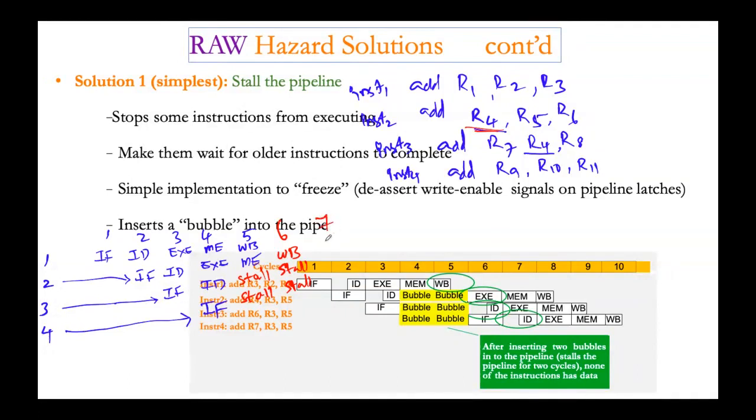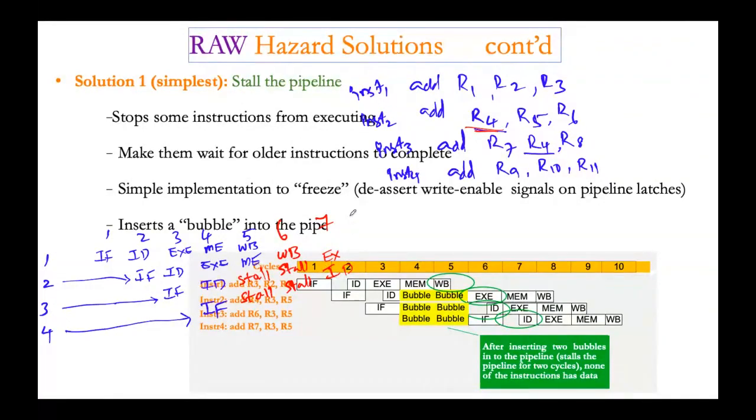So at the seventh cycle, in the sixth cycle the write back happens. So in the seventh cycle, your instruction 3 will get the data in the instruction decoding, and it will enter into your execution phase. So when the third instruction entered into execution, the fourth instruction will get into instruction decoding.